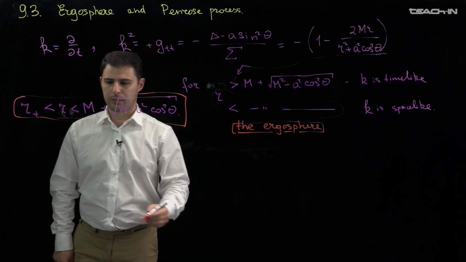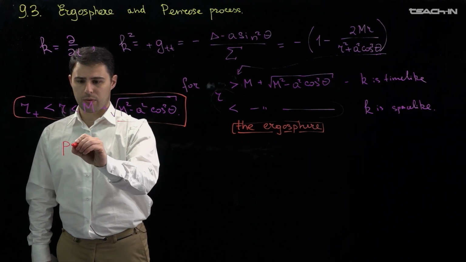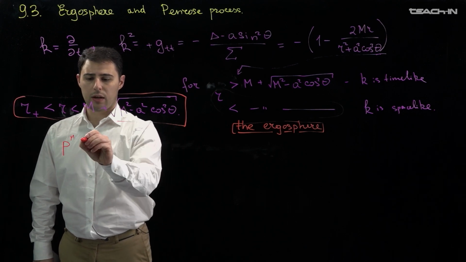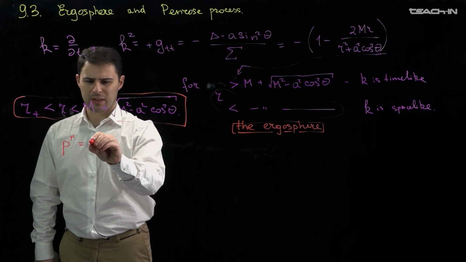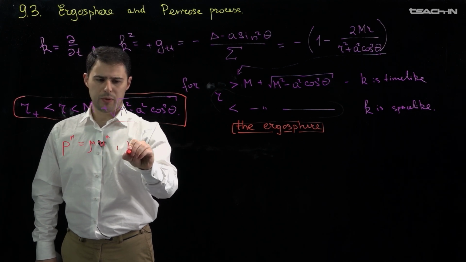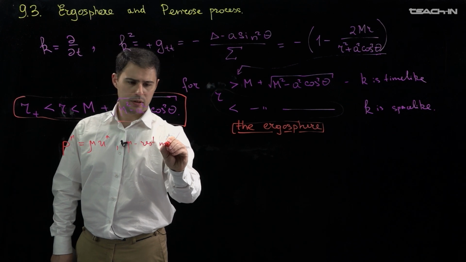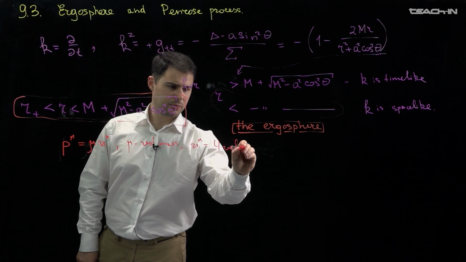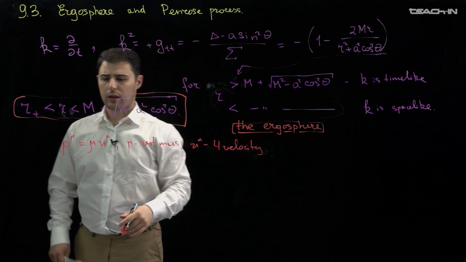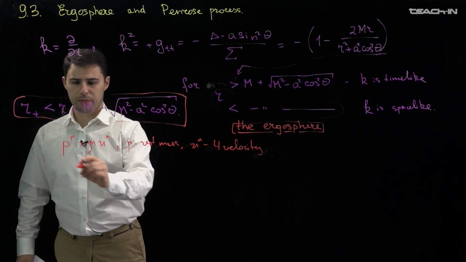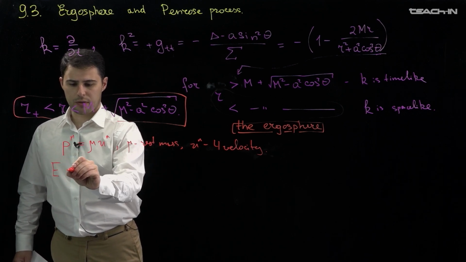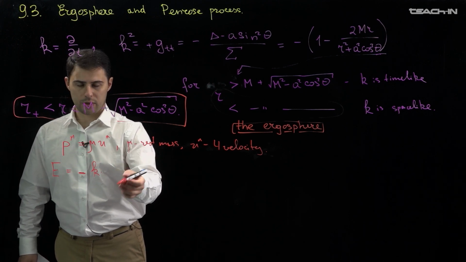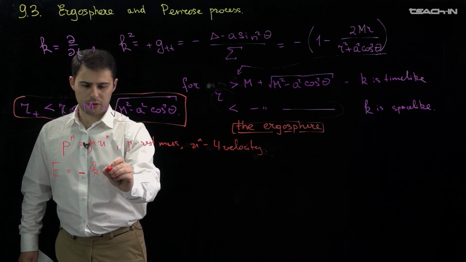Now the energy extraction. Let us consider the observer, the time-like object, sorry, and it has momentum p^μ equals μ u^μ, where μ is the rest mass and u^μ is the four-velocity. So we define the energy with respect to the asymptotically stationary field.